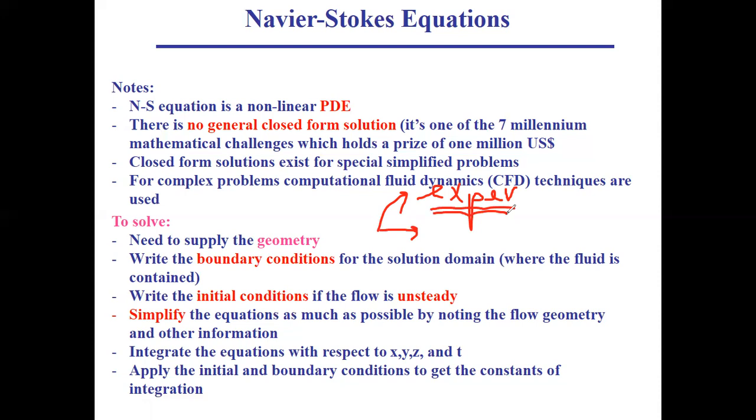They will take into consideration all physical situations, so no need for any simplification, but they cost a lot and they take a lot of time. If each time you need to vary a parameter you need to conduct a new experiment, this will already take a lot of time from you.